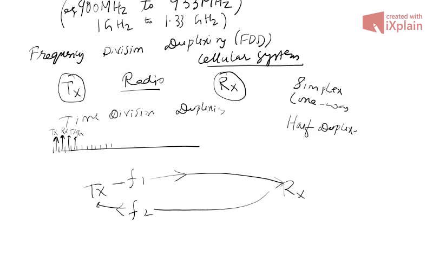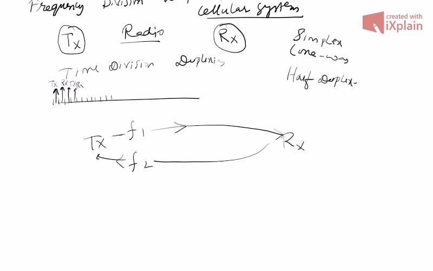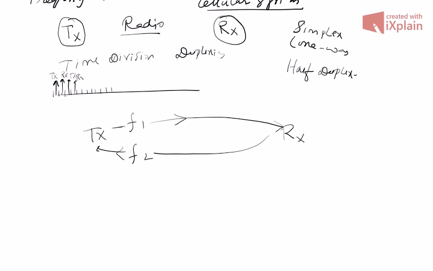Now in this system, the example which I am giving, we have 33 megahertz bandwidth. It is allocated to a particular frequency division duplexing system. That is, it will use two simplex channels. See this, if you have only one frequency, suppose you have only F1 frequency, then it is a simplex system.